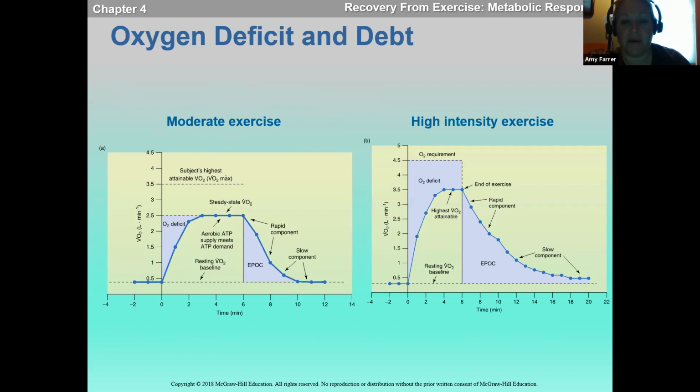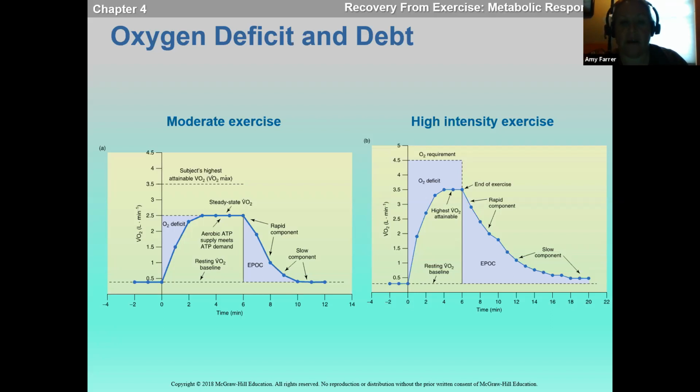But the length of time that we can sustain that level of activity is going to be less. We're going to see that EPOC last much longer to pay back what we did, because we just did so much more work initially.